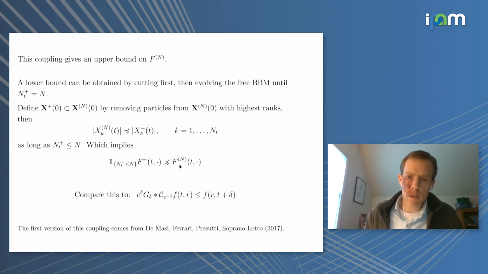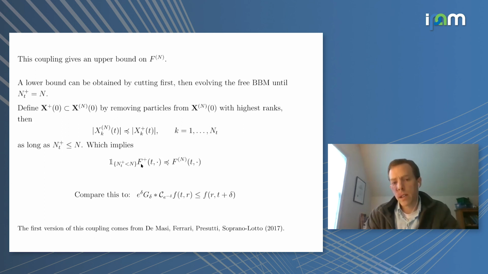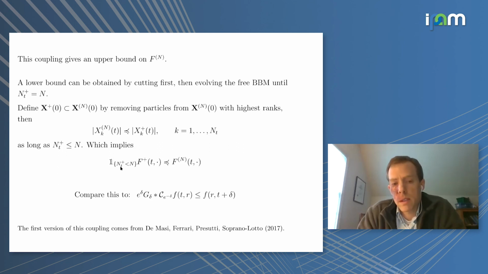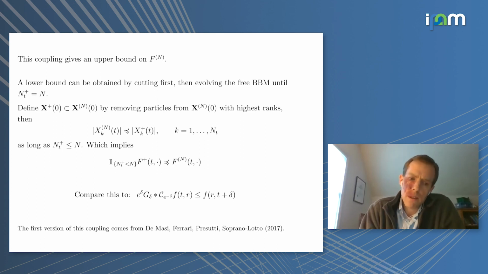The cumulative distribution function for the NBBM stochastically dominates that of the regular branching Brownian motion, at least up until the stopping time at which the number of particles in the unconstrained BBM is equal to n. Okay, so this is the stochastic analog of this comparison that happens for the obstacle problem. Okay, so a version of this coupling was used by Durrett, Ferrari, Presutti, Soprano-Loto in their study of the one-dimensional problem.